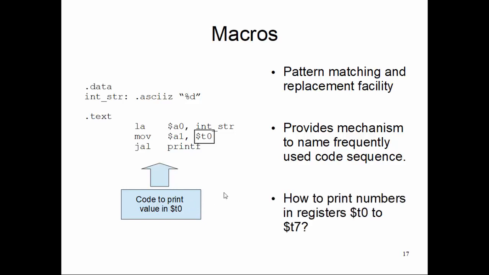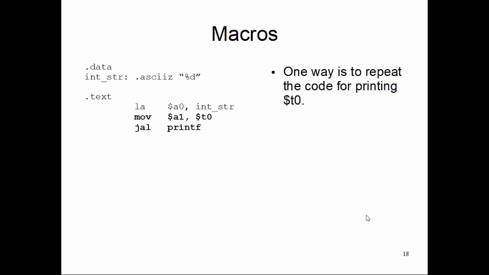Now, how do I print numbers in a register, or you can say a variable? Let's say I have 8 variables, like T0, T1, T2, T3 till T7, and I want to print numbers stored in those 8 variables. We call it a register in terms of assembly.